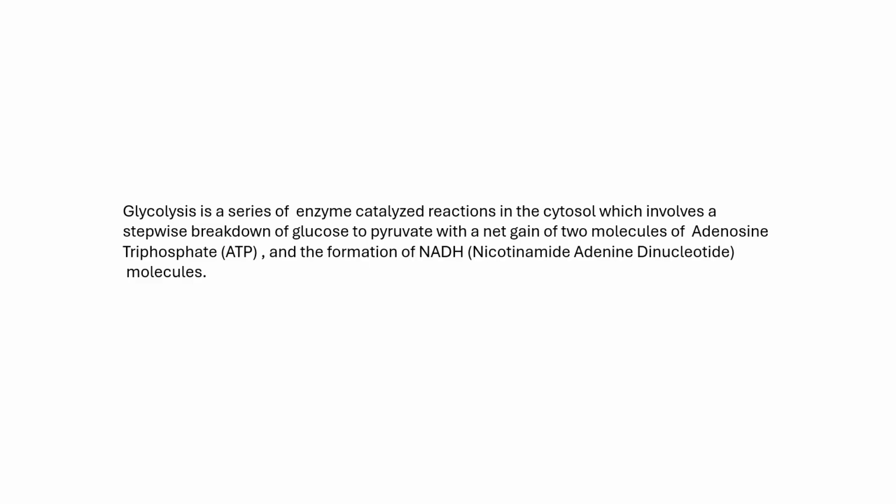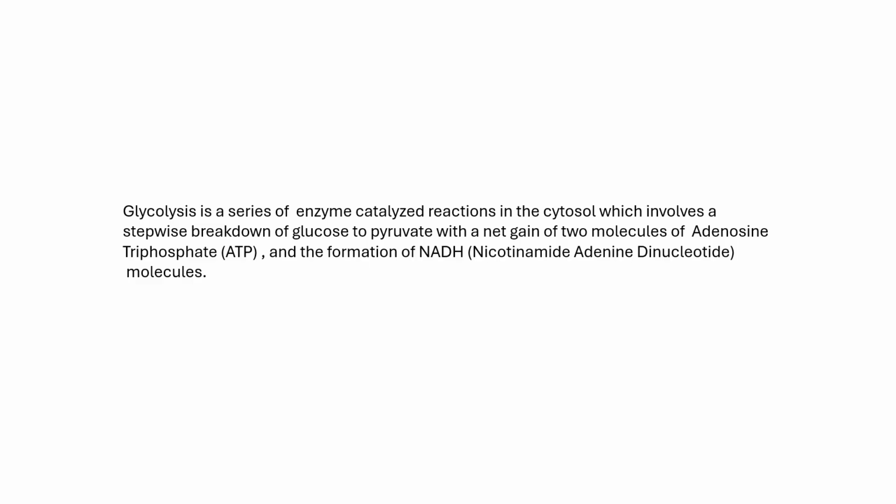Glycolysis is a series of enzyme catalyzed reactions that occurs in the cytoplasm or the cytosol of a cell, which involves a stepwise breakdown of glucose to form pyruvate with a net gain of 2 molecules of adenosine triphosphate, which is ATP, the energy, and the formation of NADH, which is nicotinamide adenine dinucleotide.